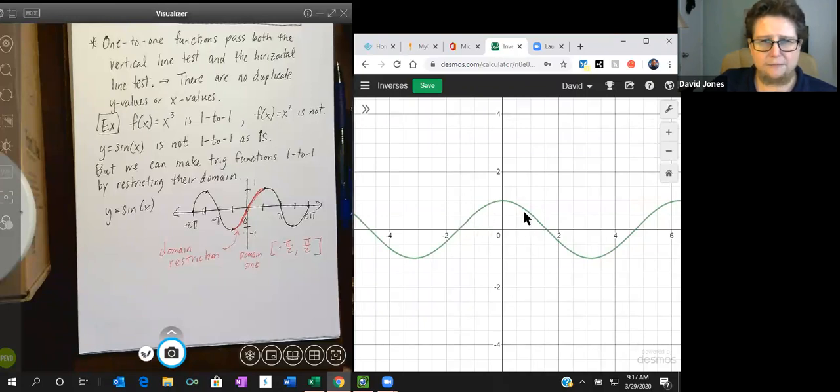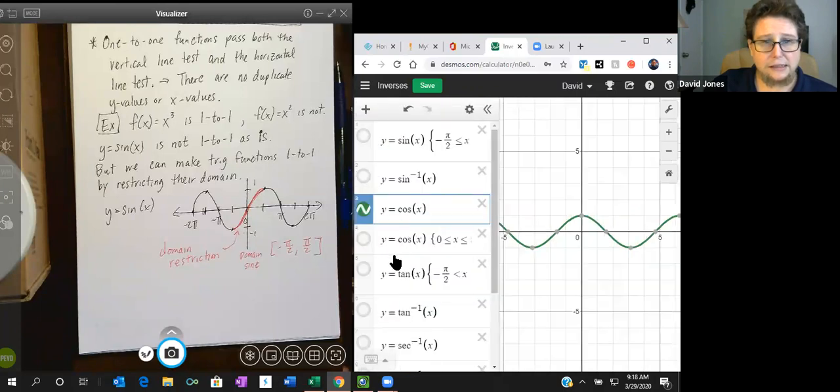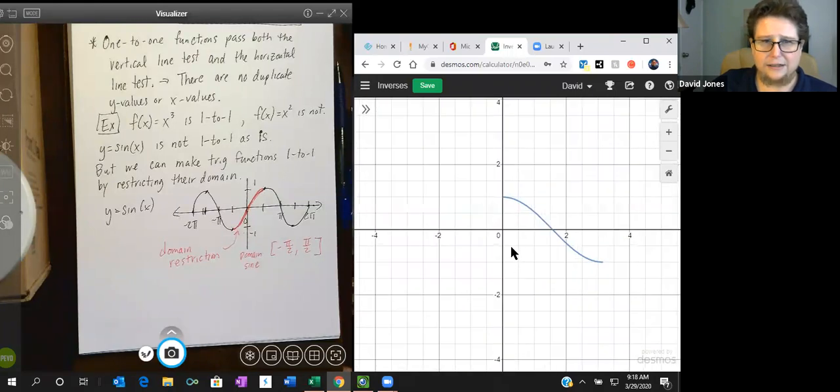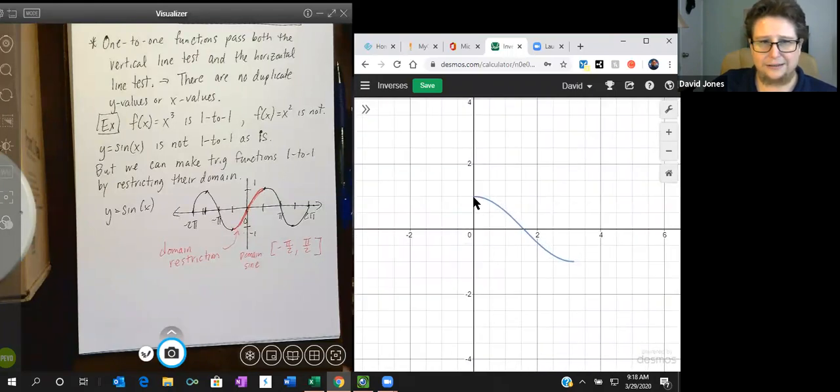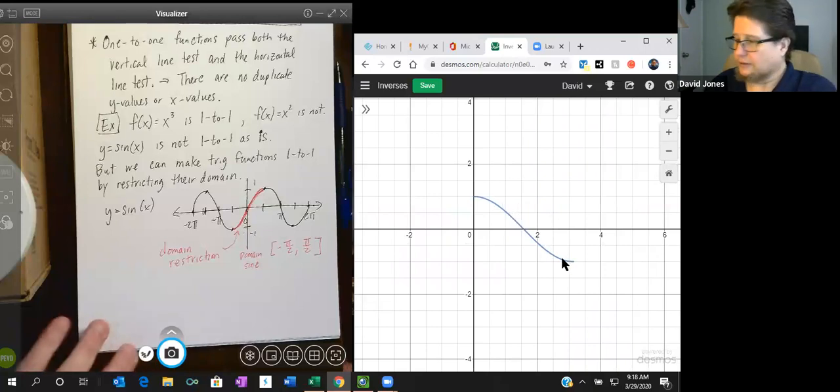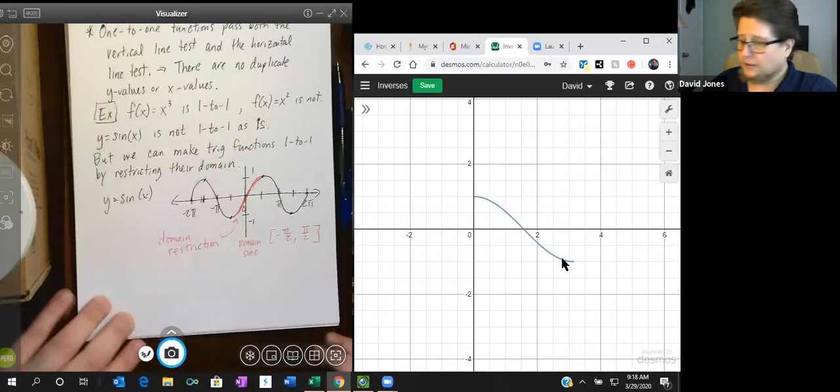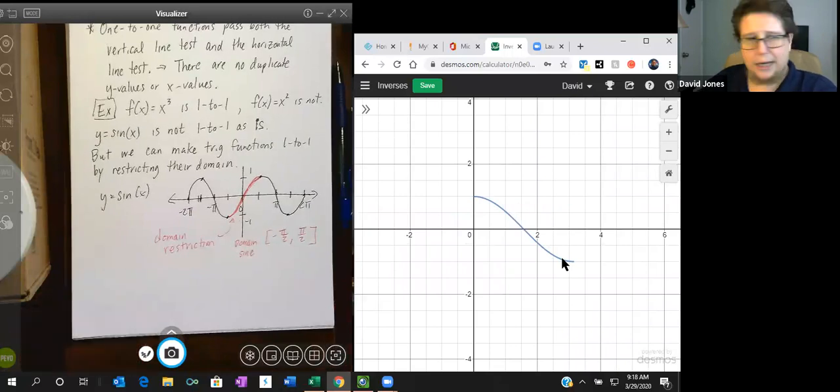So the way we end up restricting cosine is we start at 0 and we go to pi, and that'll cover the full range. And if we look at it now, that's what it looks like now. Our y values do not repeat. So I'll do this on another page. Pause it if you need that up longer.